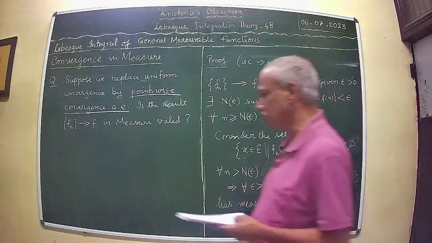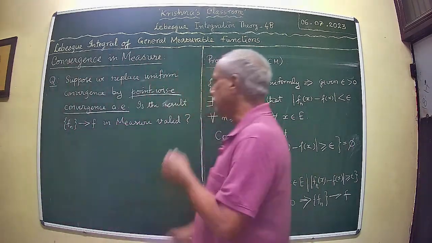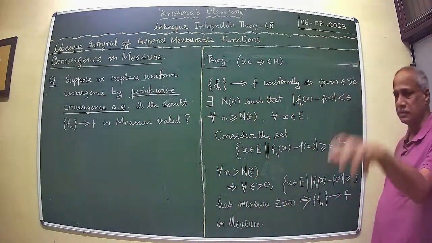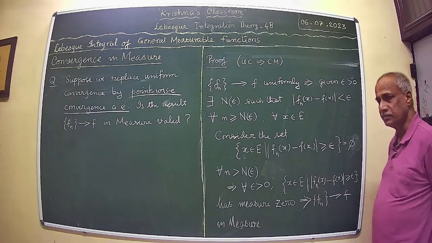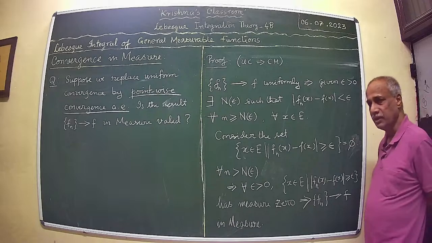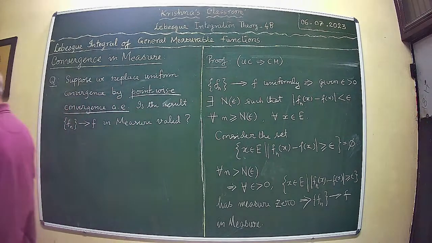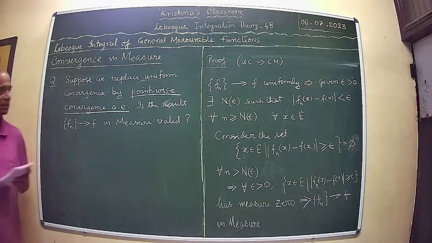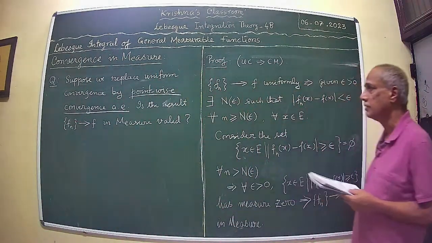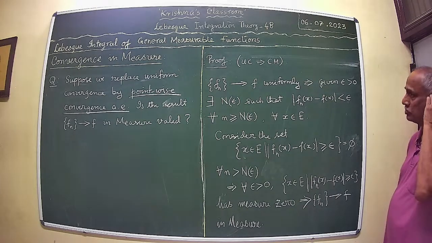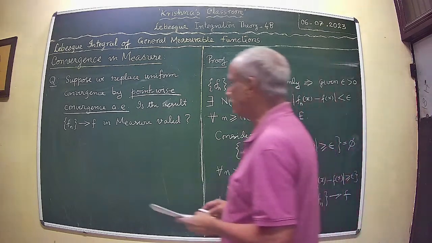Now in this context you see that you need some kind of restriction. First of all, we would need to impose a restriction like E has finite measure. If E has finite measure, then you can say that Fn converges to F pointwise almost everywhere implies it converges in measure.